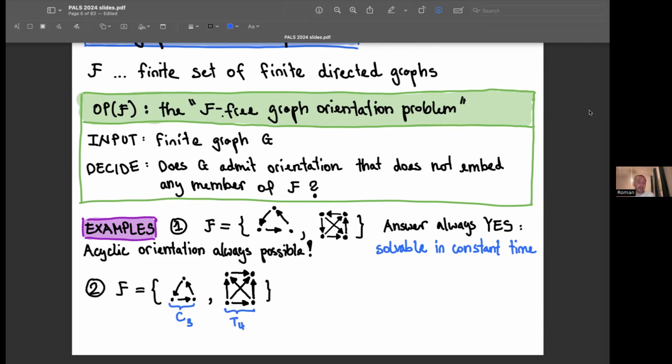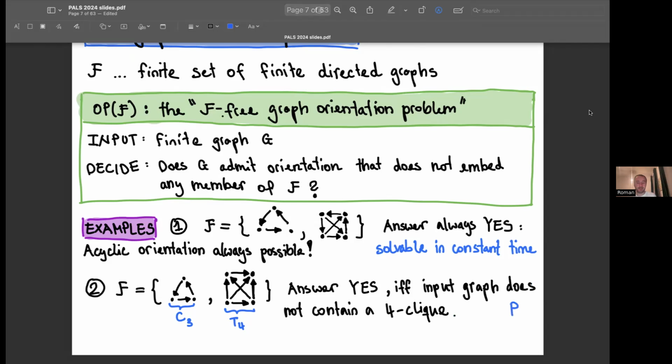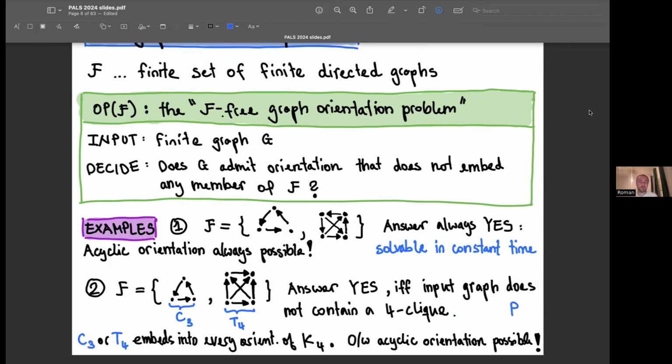So what about this set F, where I forbid again the 3-cycle, C3, and I also forbid the transitive 4-tournament, so a linear order on 4 vertices. What should be the answer here? Well, in this case, the answer depends on the input graph, and namely, the input graph can be oriented in an F-free way if and only if the graph does not contain a K4.